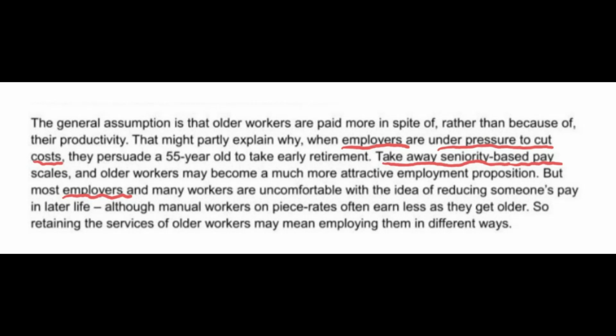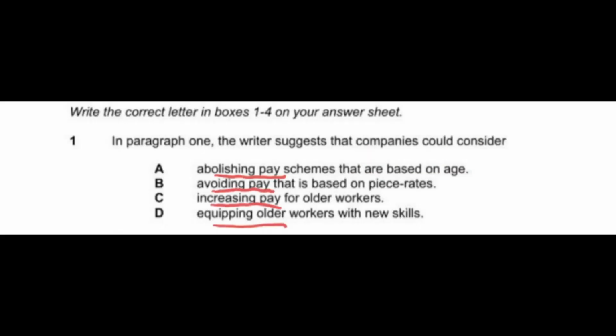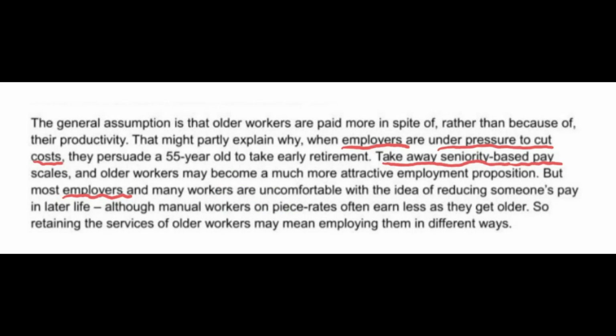Take away seniority-based pay scales, and older workers may become a much more attractive employment proposition. Okay? But most employers and many workers are comfortable with the idea of reducing someone's pay in later life, although manual workers on piece rates often earn less as they get older. So retaining the service of older workers may be employing them in different ways.